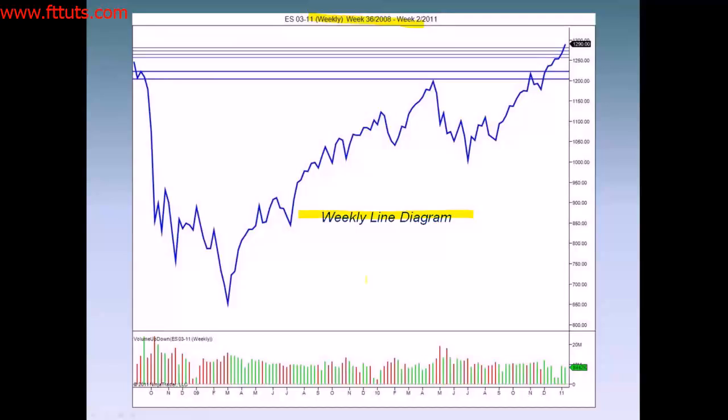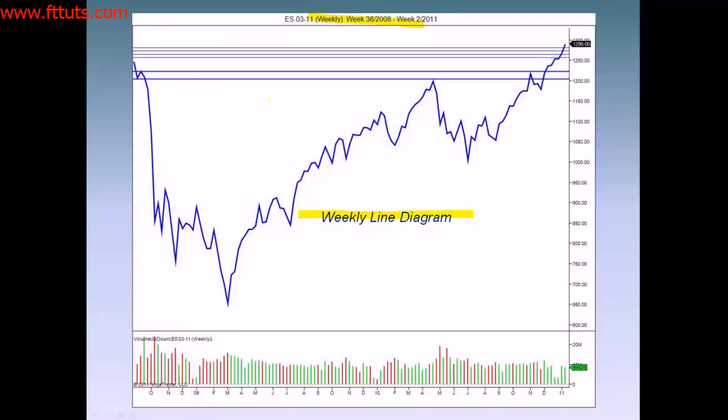So a key and important point to be aware of is the fact that as we move up with the higher time frame, the support and resistance lines that we draw become more meaningful and far more potent than the ones that we see on the shorter time frames.